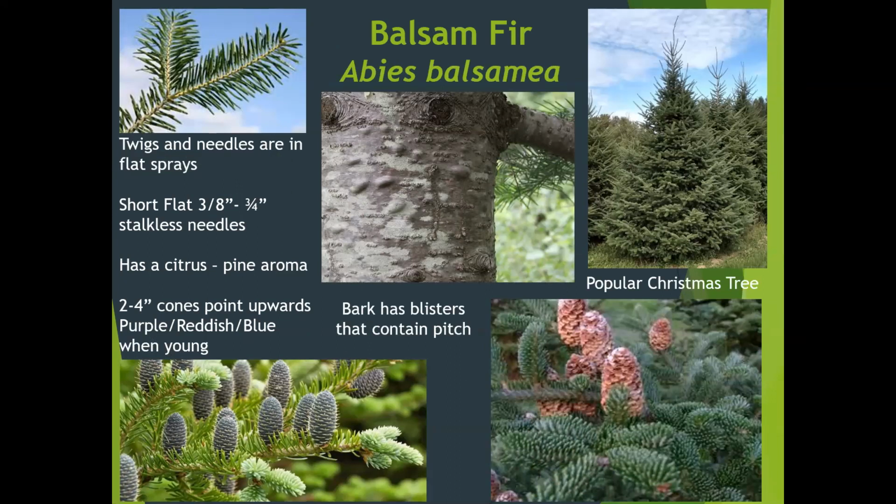So if you see a tree that has cones pointing upwards, that's for sure a fir tree. On balsam fir, when the cones are young, they're a purplish reddish blue, and they really stand out. They're a very cool color. But as they mature, they start to brown, and they get a little bit softer and flakier, and you can break them apart easily.